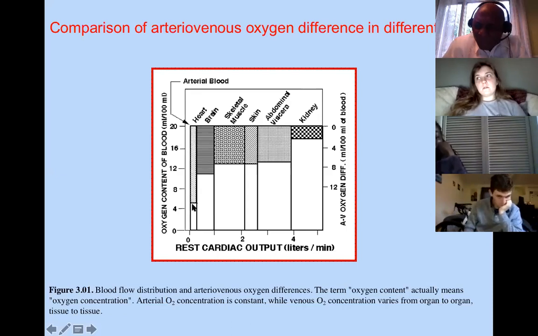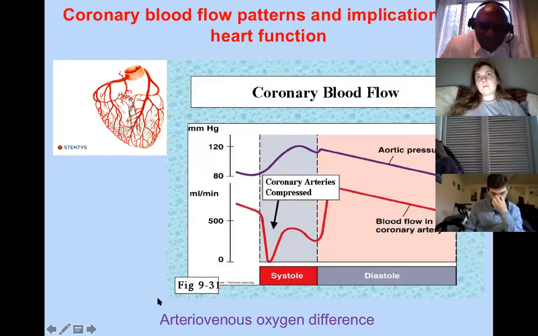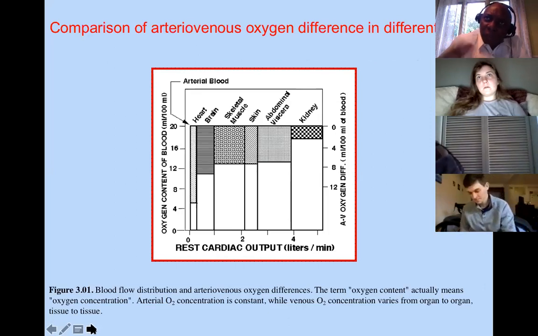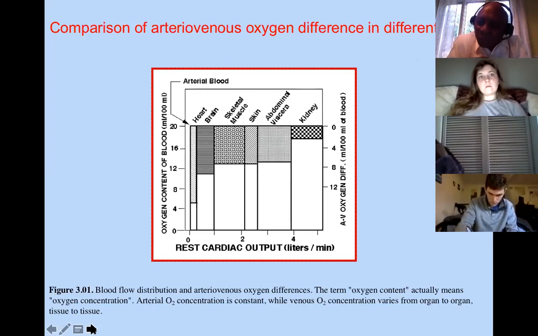What does that mean? It means at rest, when the blood is flowing through the coronary artery, the heart will extract 70% of the oxygen that's coming to the heart, which then means 30% of the blood will go to the vein.